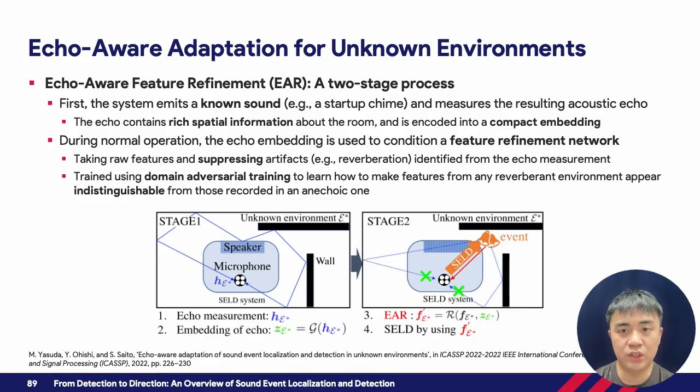This echo acts as a unique acoustic fingerprint of the room, containing rich information about its geometry and reverberation. Afterwards, in stage 2, during normal operation, this echo embedding is then used to condition the feature refinement network. It essentially tells the model, you are in this specific room, so filter out the artifacts accordingly. This allows the SELD system to adapt on the fly to any new space that it enters.